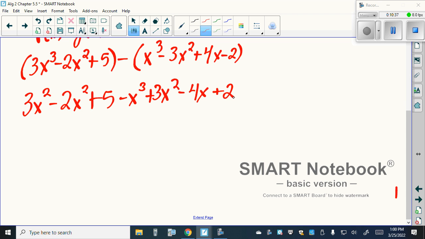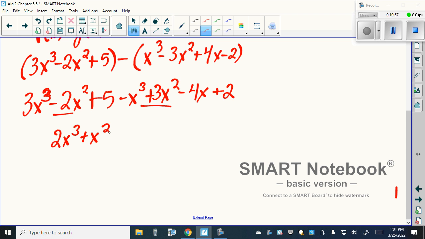So our 3x cubed and our x cubed, 3x cubed minus x cubed is going to give us 2x cubed. Our negative 2x squared plus 3x squared is going to give us plus x squared.